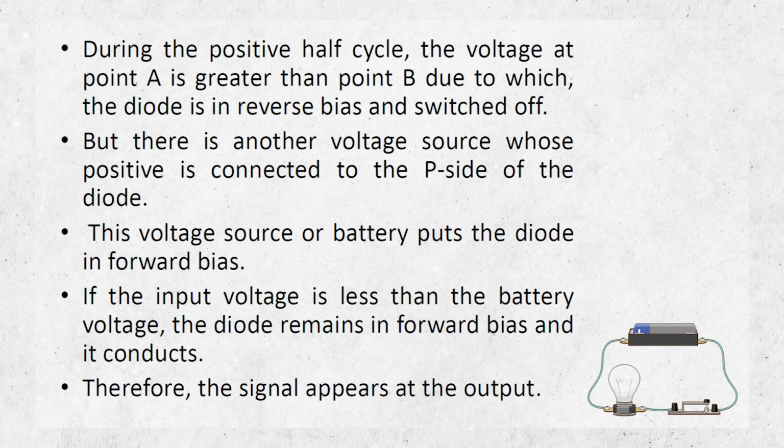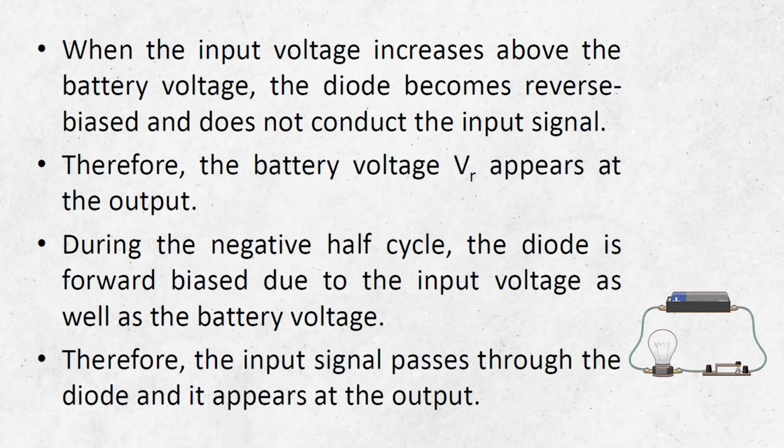If the input voltage is less than the battery voltage, the diode remains in forward bias and conducts. Therefore, the signal appears at the output. When the input voltage increases above the battery voltage, the diode becomes reverse biased and does not conduct the input signal. Therefore, the battery voltage VR appears at the output.